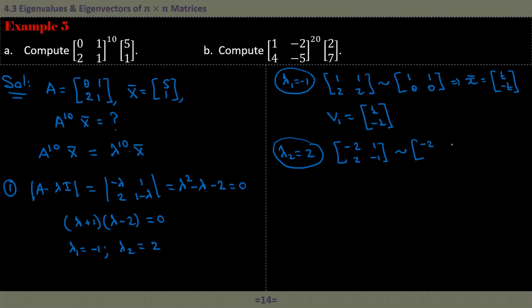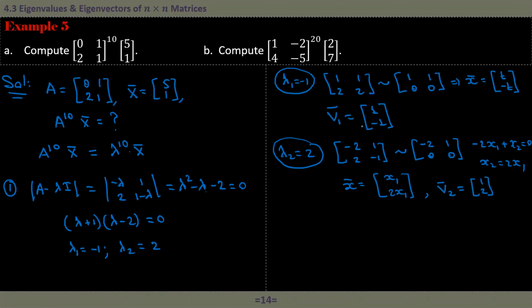So we have minus 2 x1 plus x2 equal to 0, or x2 equals 2 times x1. So our vector is of this form: x1 and x2, where x1 is x1 and x2 is 2 times x1, with x1 any real number. I just need one here, so one eigenvector is V2 equals (1, 2).